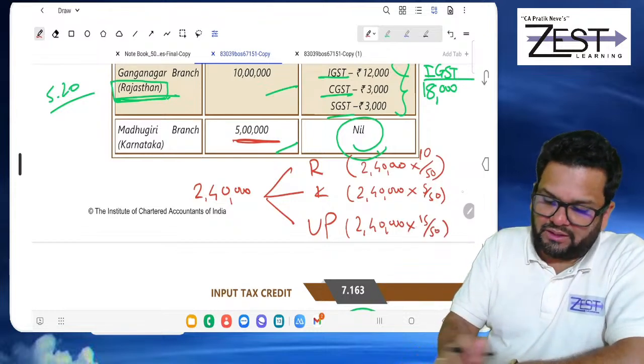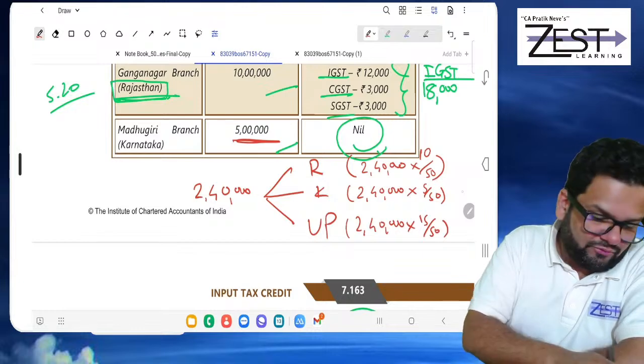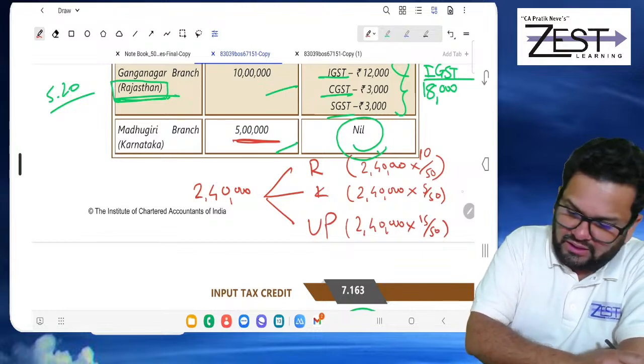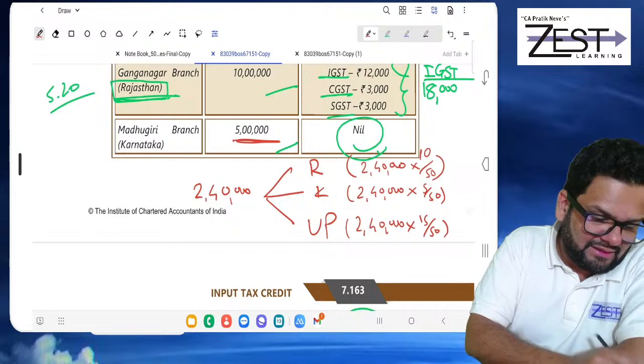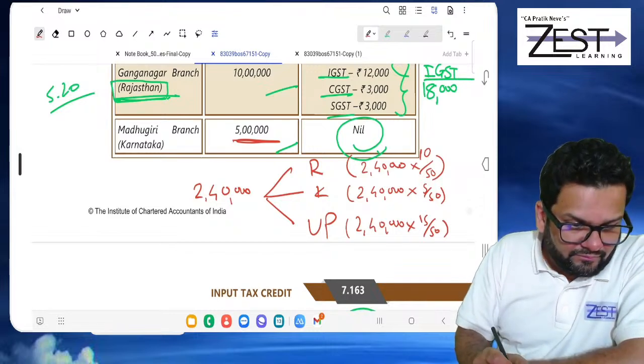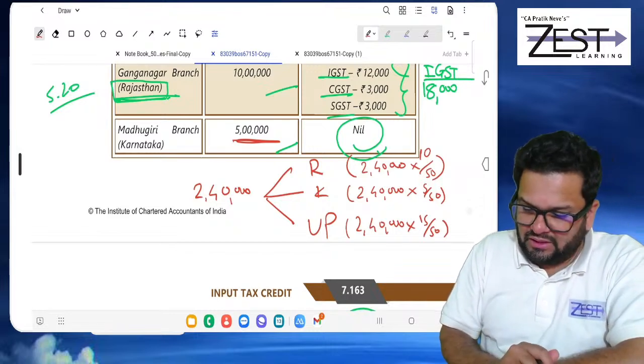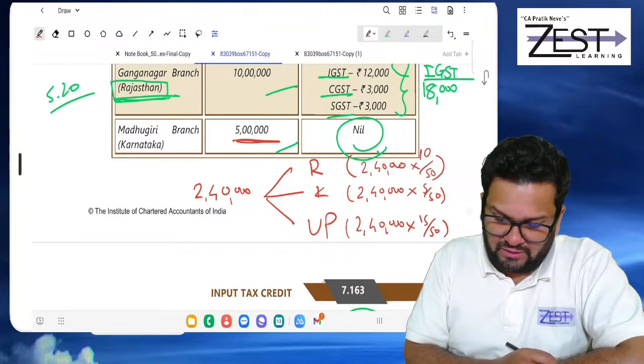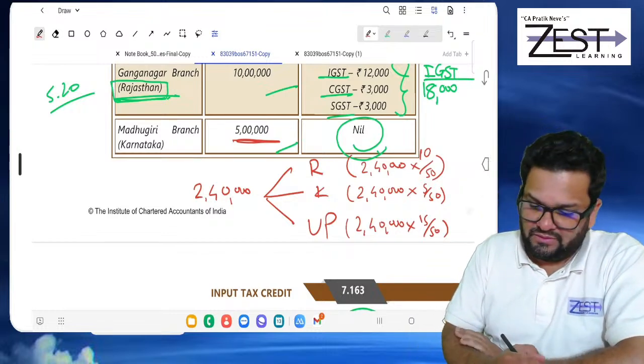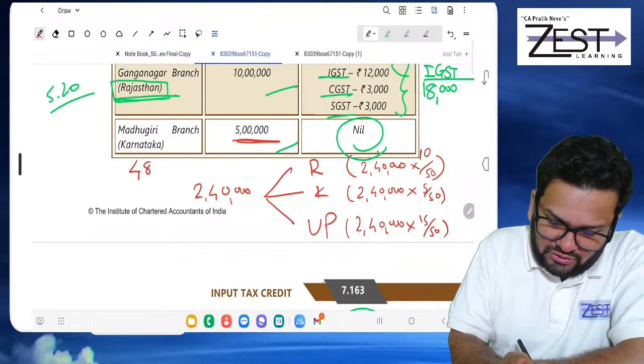So what figures are you getting? 2,40,000 divided by 50 into 10. I am getting a different figure. Ashima ji, I am getting 48,000 for Rajasthan.